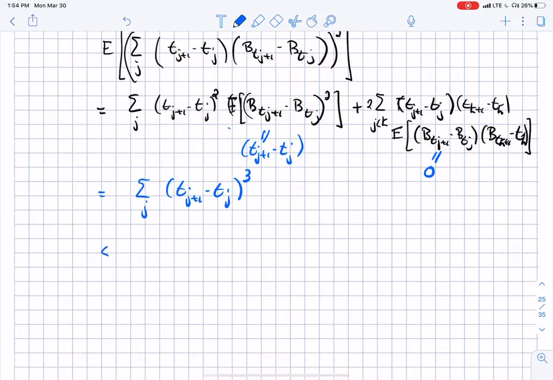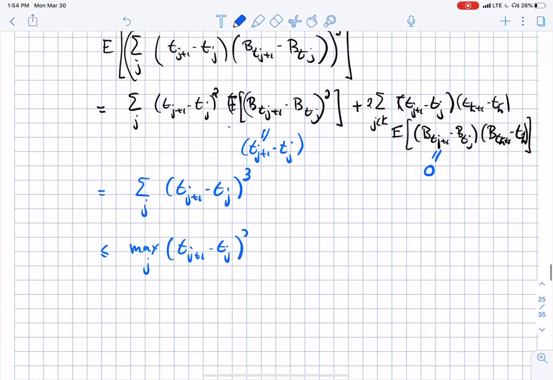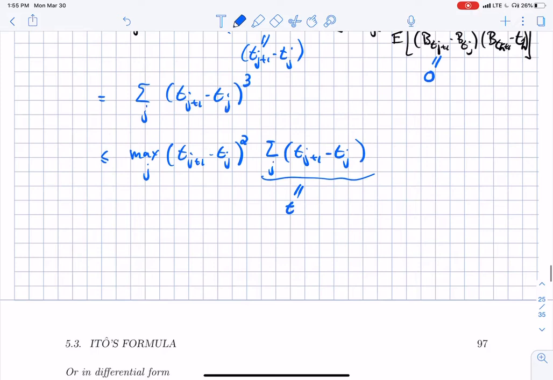But again, you can play the same trick: take the worst increment out, the maximum, squared, and what you're going to have is just the sum of the increments without power, and this is the telescopic sum, and it gives me the last time, which is equal to t. So this goes to 0 when n tends to infinity, just because we assume that in the partition the mesh, or the distance between two points, goes to 0 uniformly. All right?